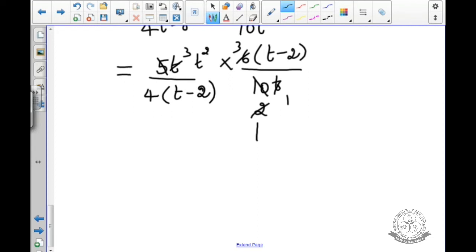In the t minus 2, there also in the numerator we are having t minus 2.